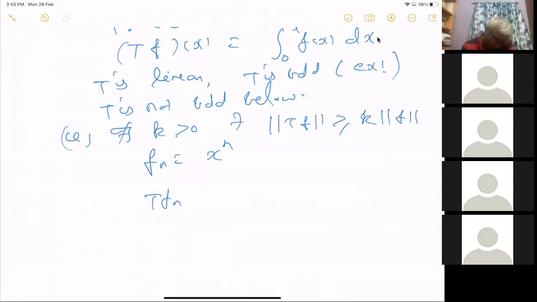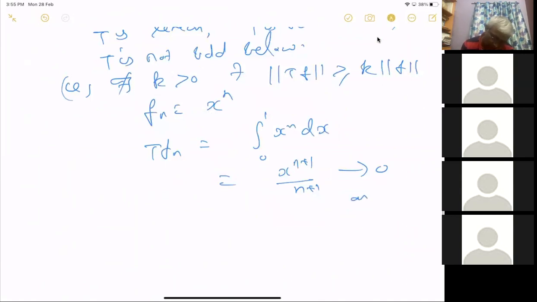What is Tf_n? It is the integral from 0 to 1 of x^n dx, which is 1 by n plus 1. That goes to 0 as n goes to infinity. But the norm of x^n, this is a function, the norm of this.